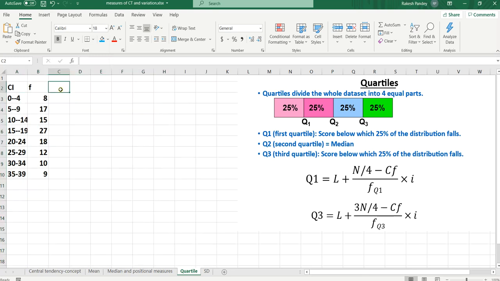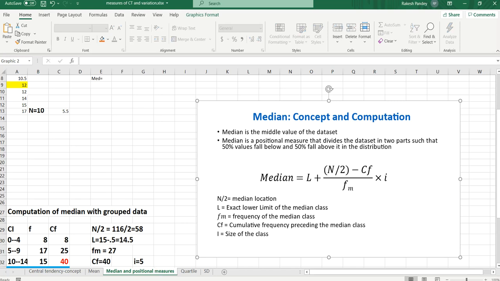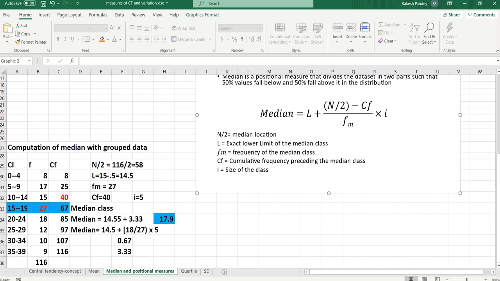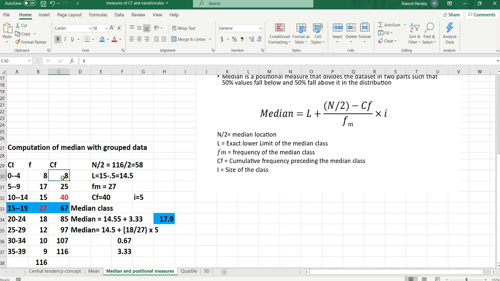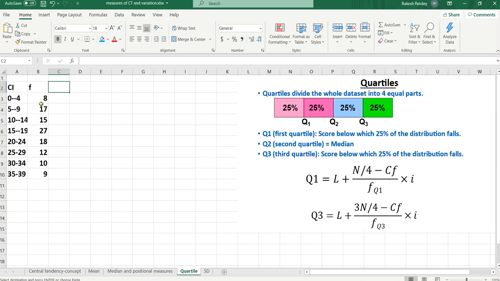So again, for this, we will need to compute this CF, and I am just copying the values of CF from here so that I do not need to write much.